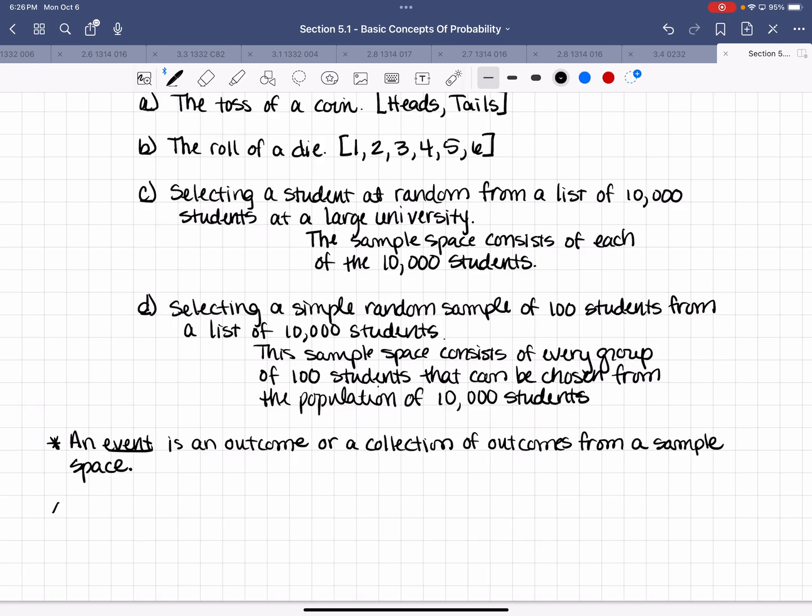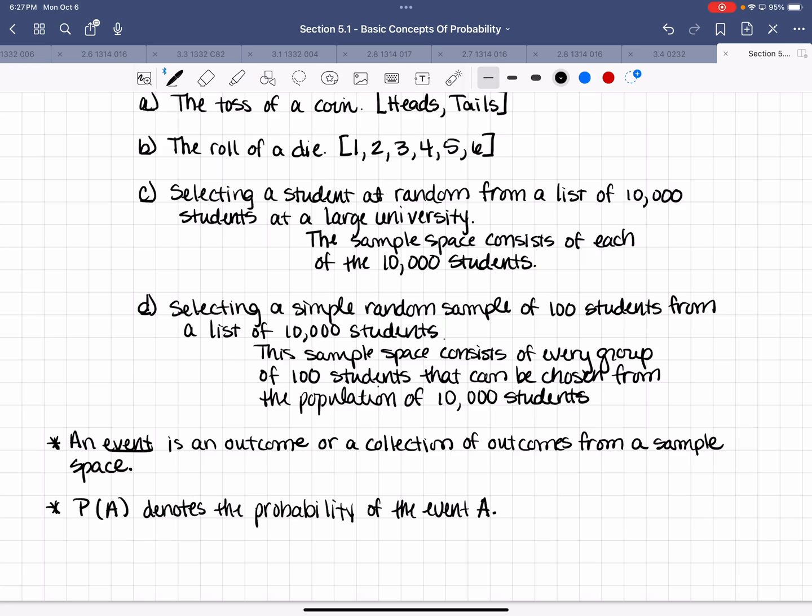Okay? You need to know when they write P parentheses A, and we say P of A, that's how it's read, P of A denotes the probability of the event A. And we're going to practice these.